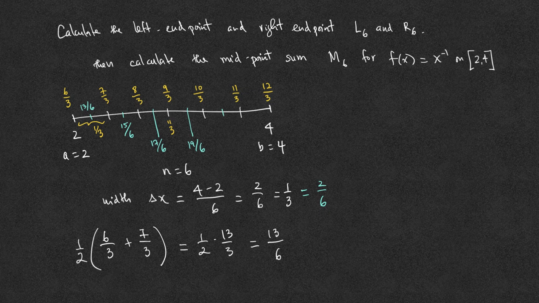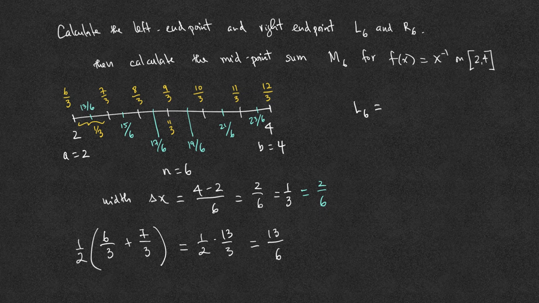The next midpoint is 21 over 6. And the last midpoint is 23 over 6. And so now we have all of the midpoints, all of the left endpoints, and the right endpoints. We can now set up the sum.